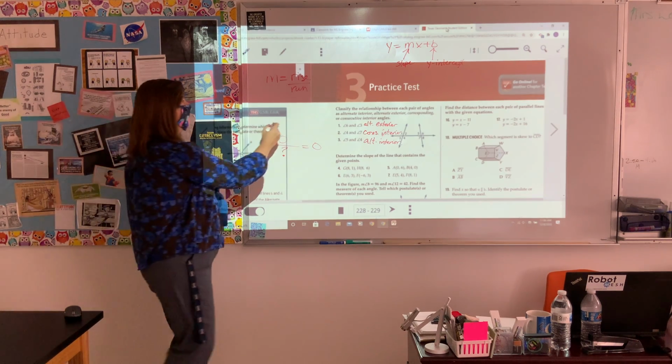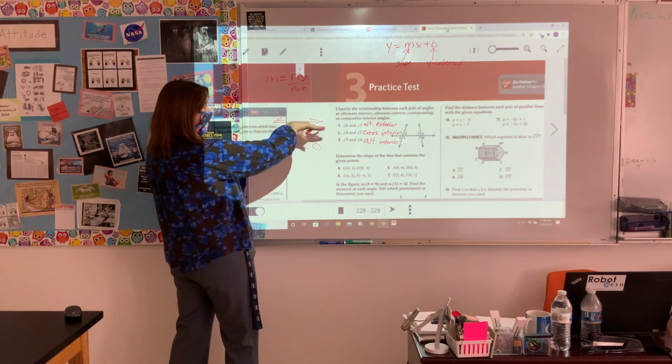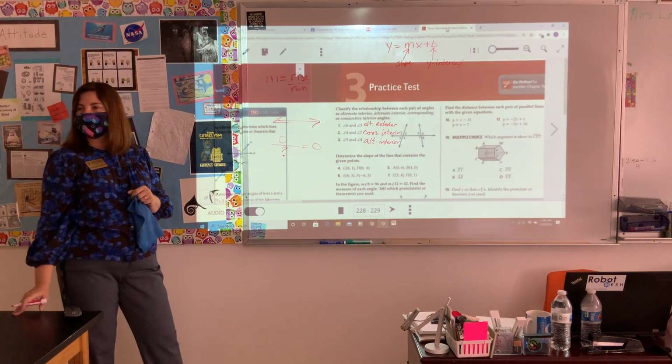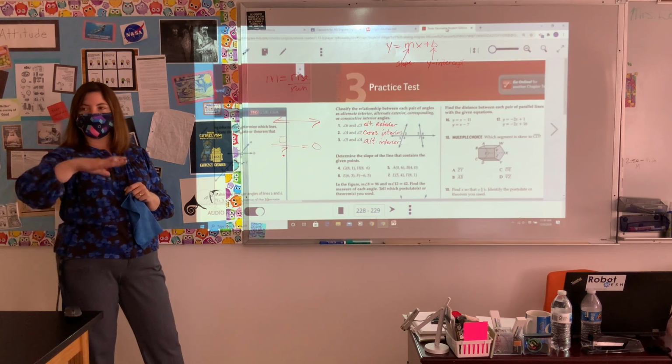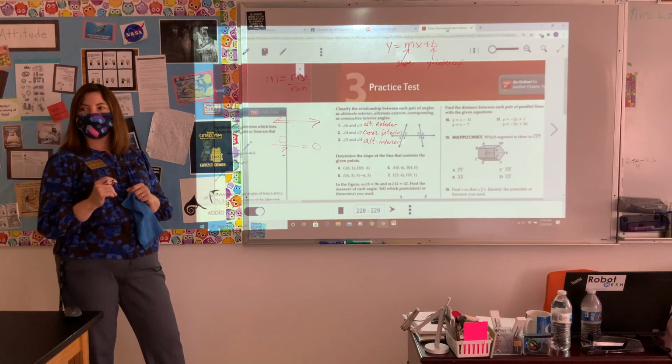Horizontal goes this way, vertical this way. My y value is always staying the same, so the top is 0. If the rise is 0, it's horizontal. If the run is 0, it's vertical. Completely vertical.